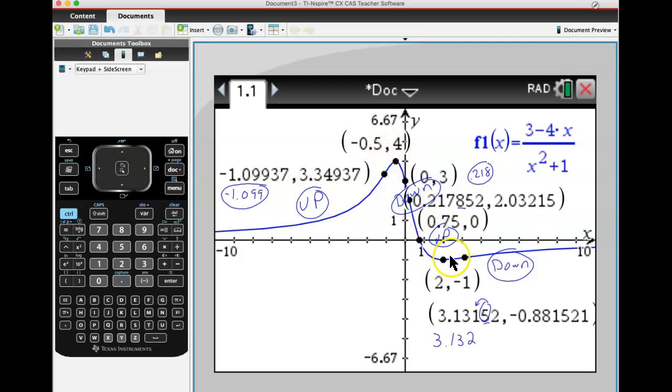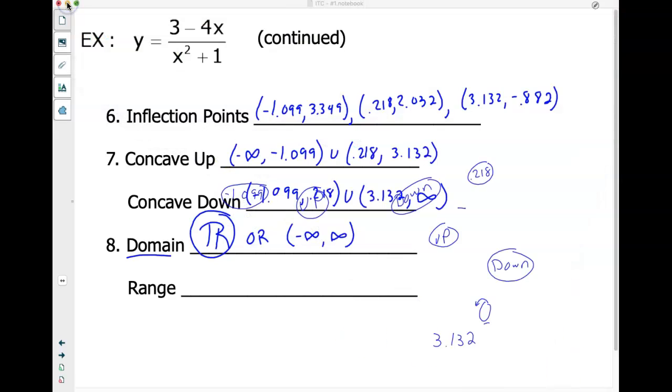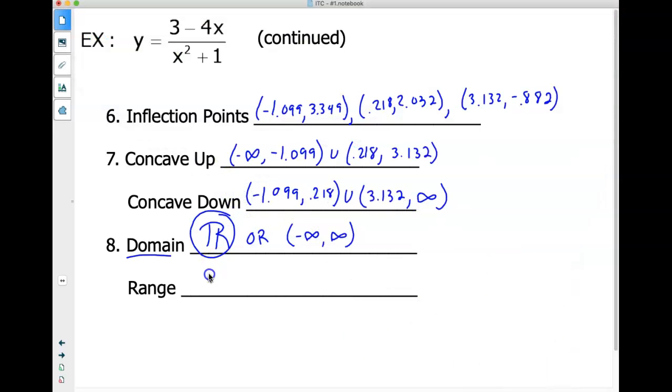And because this was my minimum, the lowest point it gets is negative 1. And because my calculator dropped those dots, it's including those points. My range would go from negative 1 to 4. They have to be brackets because it includes those points.